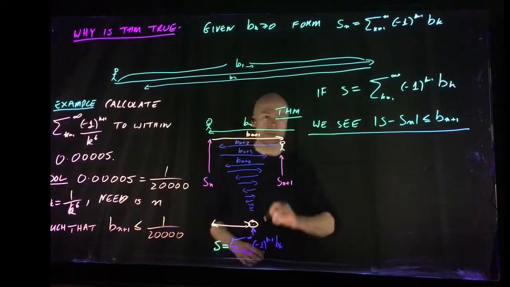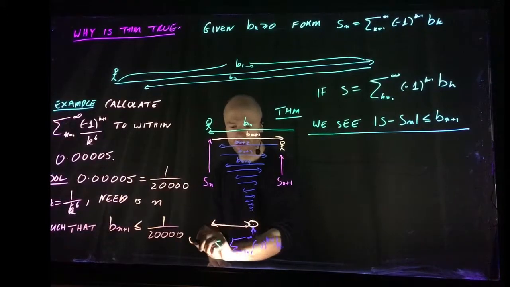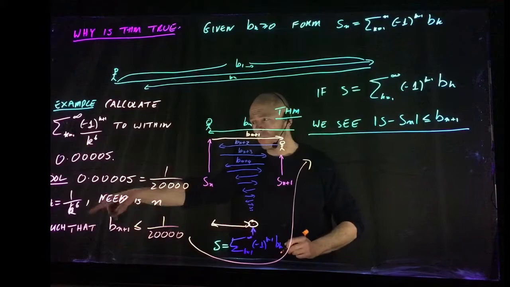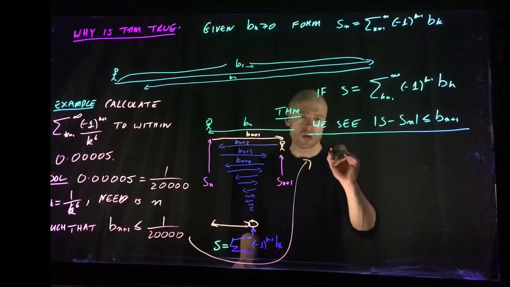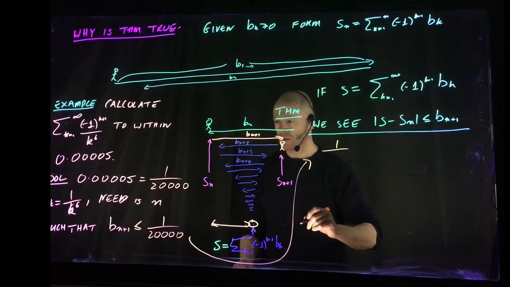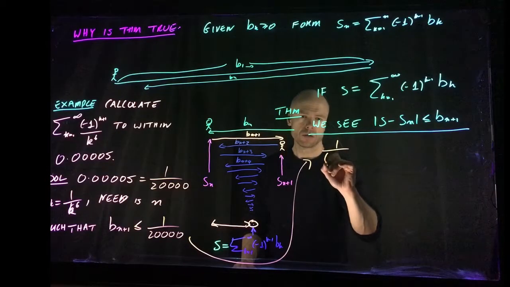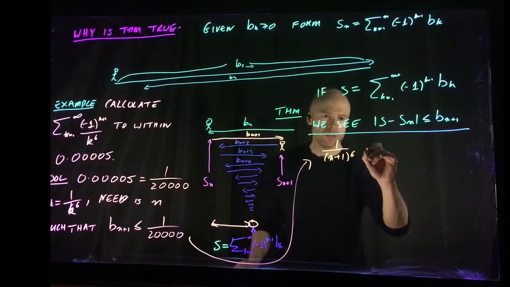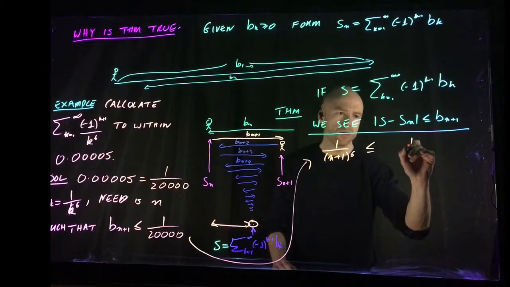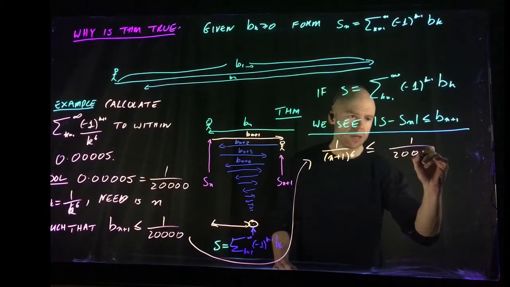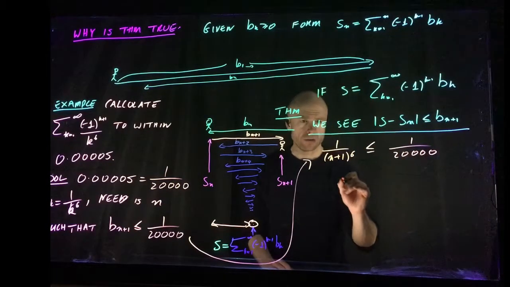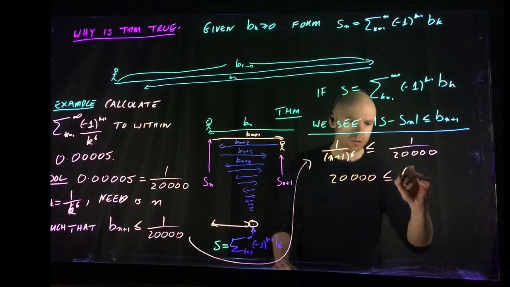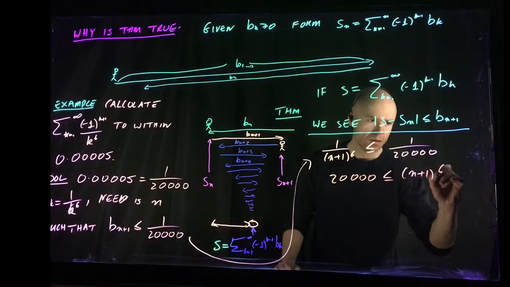Okay, so let's continue things over here. So bn plus 1 is 1 over n plus 1 to the power 6. We want this to be less than 1 over 20,000. Flipping things around, we want 20,000 to be less than or equal to n plus 1 to the power 6.